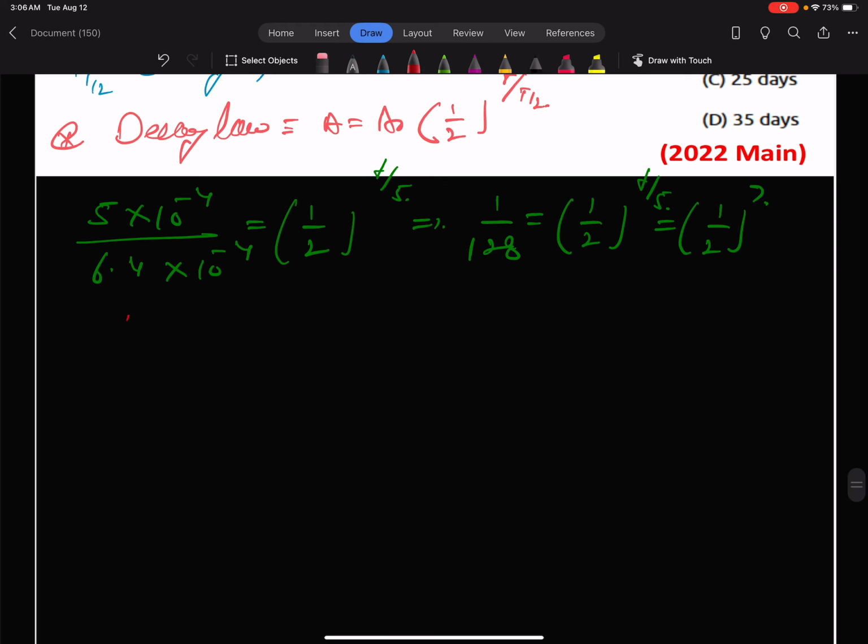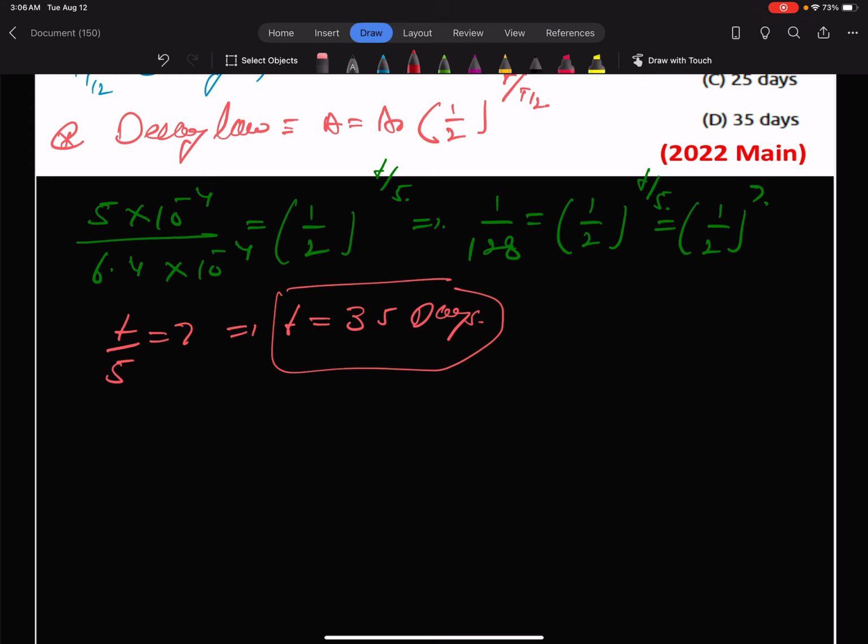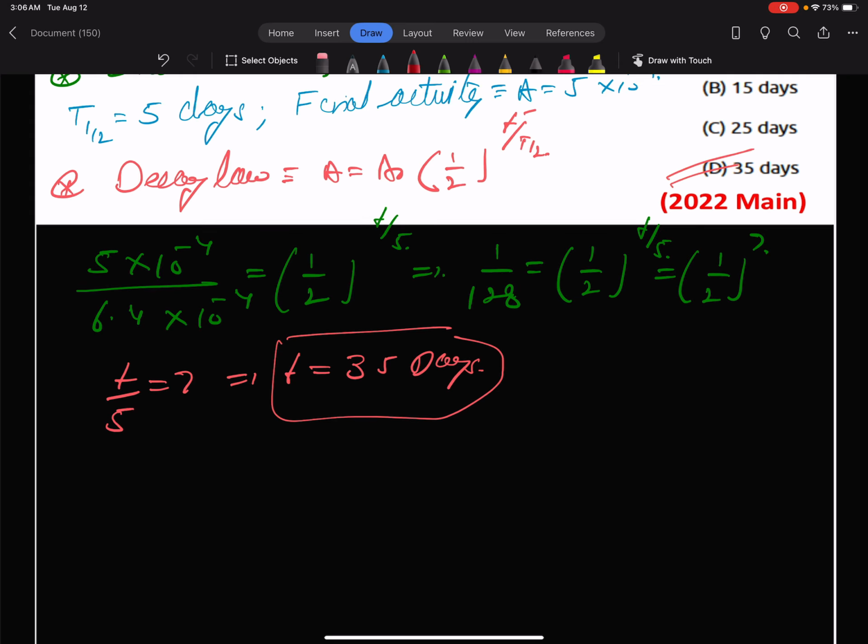So we get T upon 5 is equal to 7, giving us T is equal to 35 days. And option number D is correct.